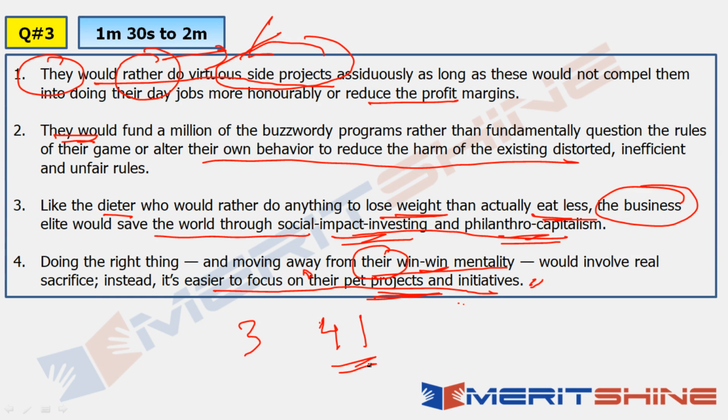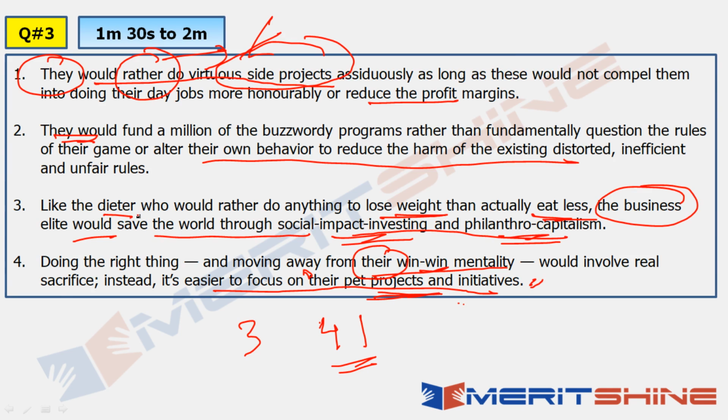There might be a doubt in your mind, why not 1 and 4? We will talk about the placement of 2 in a moment, but let us talk about why not 1 and 4. Now first of all, if you look at this particular sentence, this is a general statement talking about how the capitalist or the businessman would be investing in social projects rather than doing anything serious.